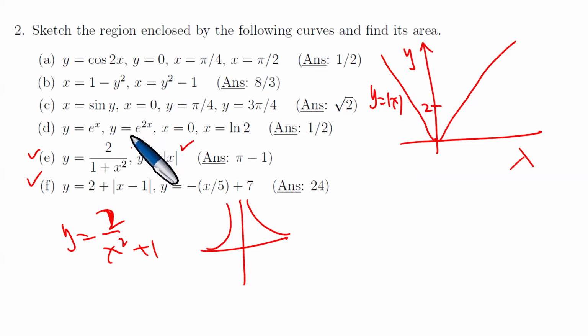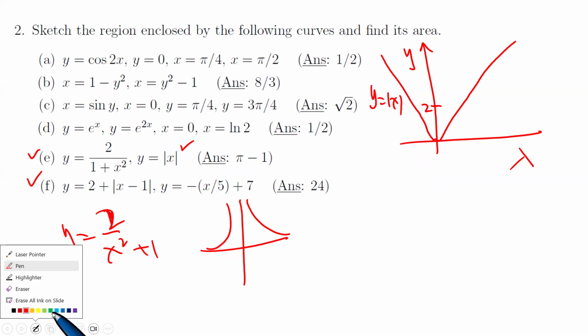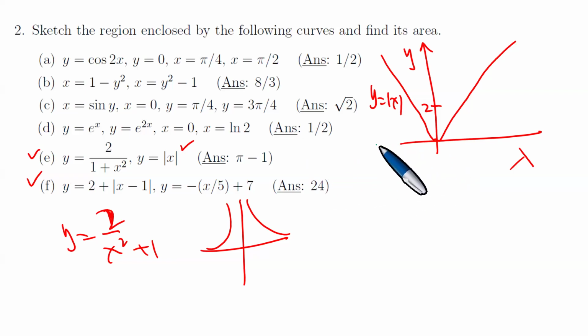So the kind of graph you're going to have is going to be sort of like this. Just 1 second. I'm checking this graph here. Yeah, it's going to be a graph that is sort of like this. Okay, so this is the sort of graph you're going to have.